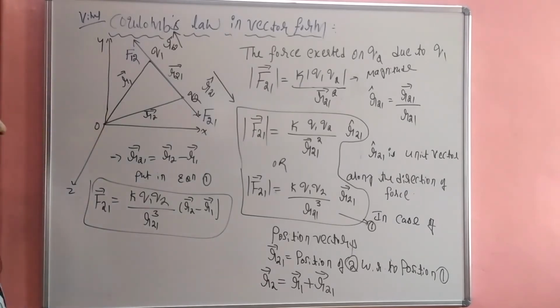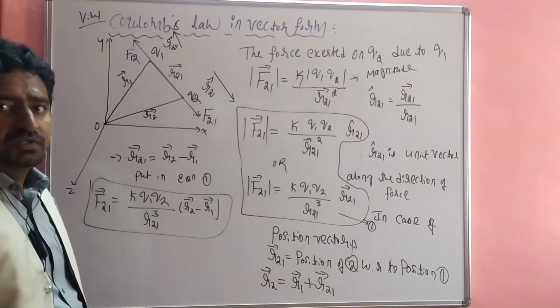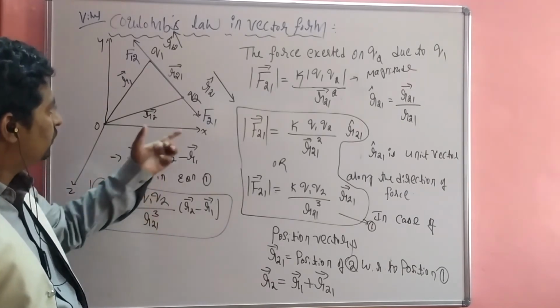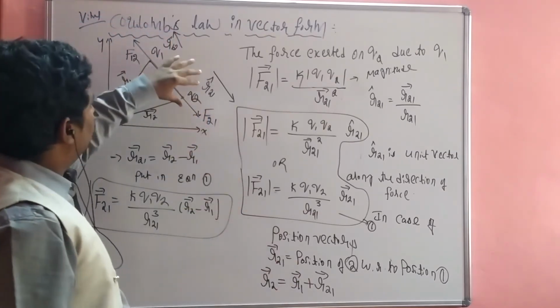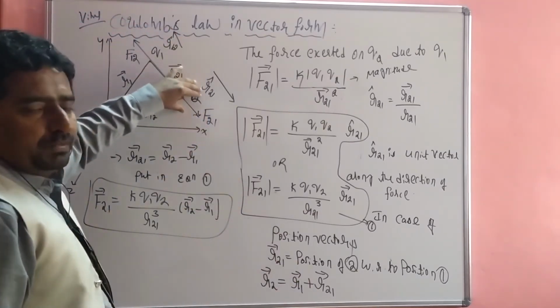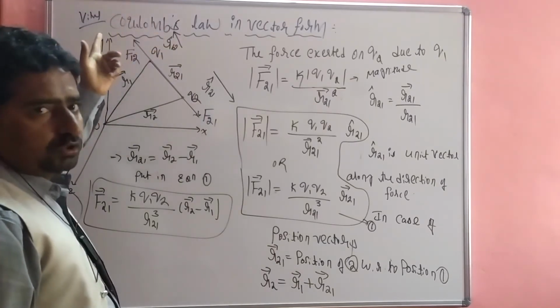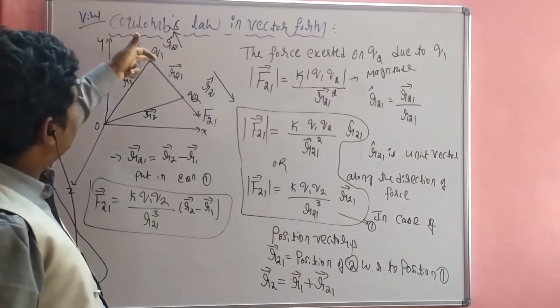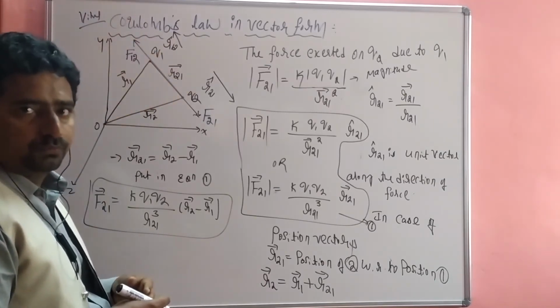So far I am focusing only on F21, the force exerted on Q2 due to the charge Q1. Now I shift to the force on Q1 due to the charge Q2.